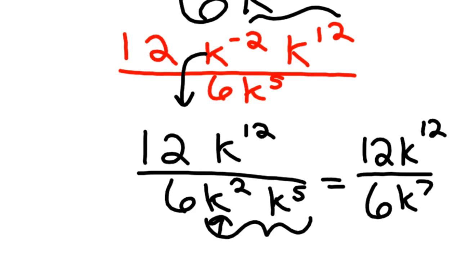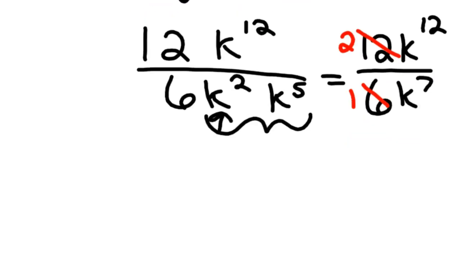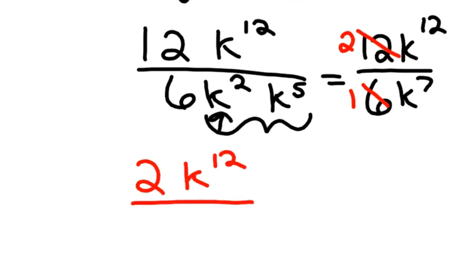And then 12, now you can reduce. 12 divided by 6 is 2. So this is a 2, this is a 1. And so we've got 2k to the 12th over k to the 7th. We don't necessarily need to put the 1 there.